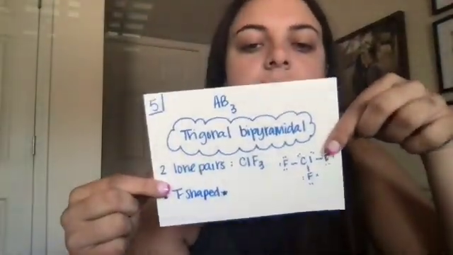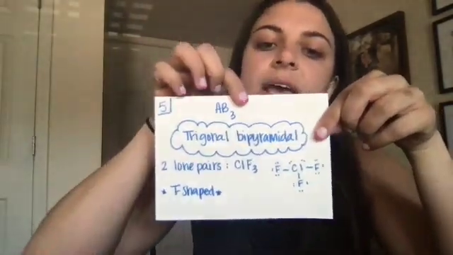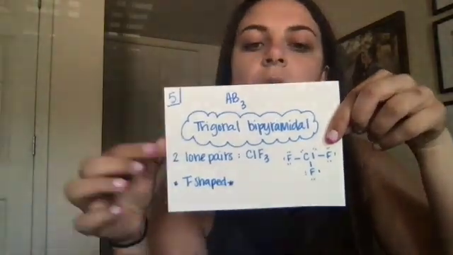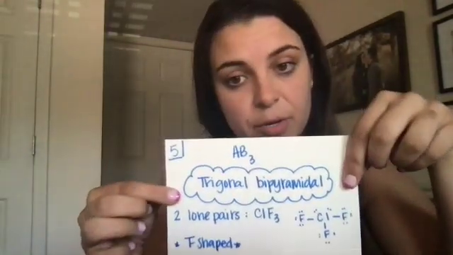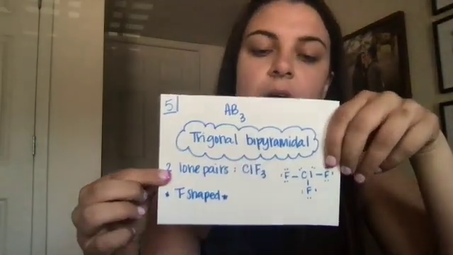So now we will move on to another variation of this trigonal bipyramidal, and it is going to still have our 5 electron domains. It's going to be an AB3 molecule with a geometry of trigonal bipyramidal still, but with our 2 lone pairs. Here's an example.